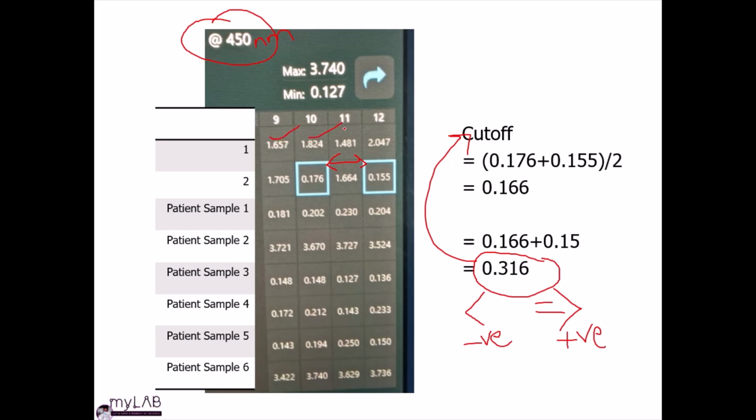So we can see from here the values that are above 0.316. These are also, all of them are above, and then these all of them are above.